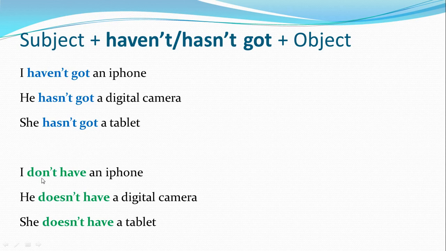So you can't say I haven't an iPhone. No. You say I haven't got an iPhone. If you don't use got here, you put do or does. I don't have an iPhone. He doesn't have a digital camera, like that.